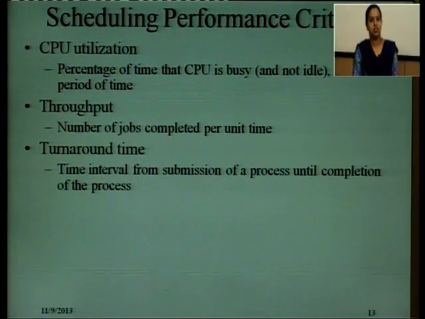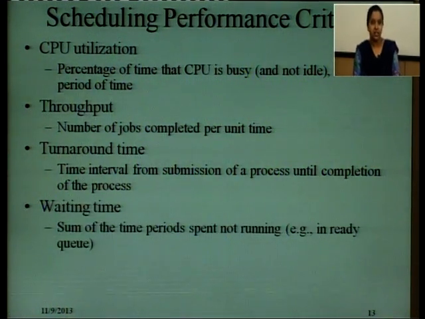Then comes the turnaround time. The time interval from submission of the process until completion of the process, meaning when the process starts its execution until it completes its execution, we call it turnaround time.